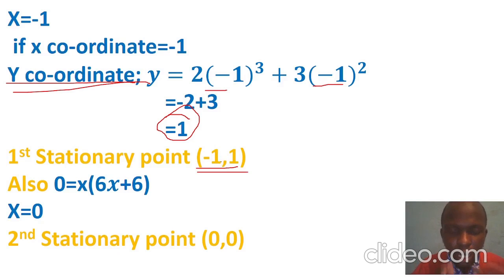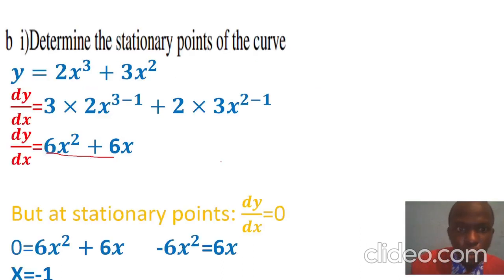So you have seen how we get the stationary point. But remember that this equation can also be factored out. How? We are talking about this gradient function can also be factored out.